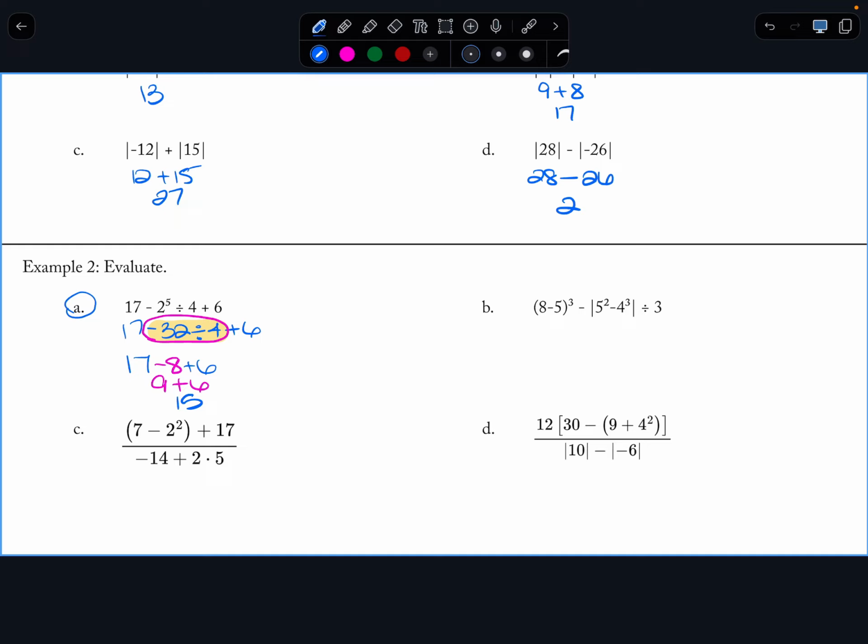I'd hope to see at least 2 of them here, probably this first step that I wrote, and then once I wrote out my second step, I'd be okay with you getting all the way to 15. I don't really need a third step in there. Any questions about A?